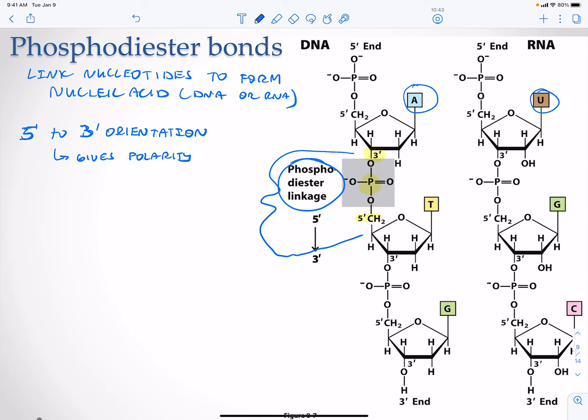Now, the 5' end is going to lack a nucleotide at the 5' position. So the 5' end does not have a nucleotide. The 3' end is going to lack a nucleotide at the 3' position.